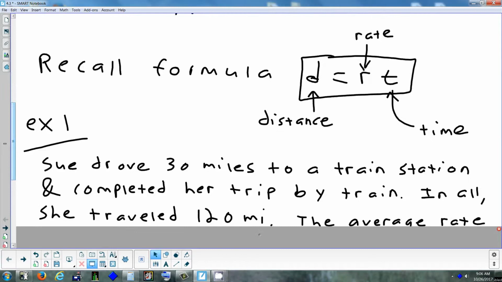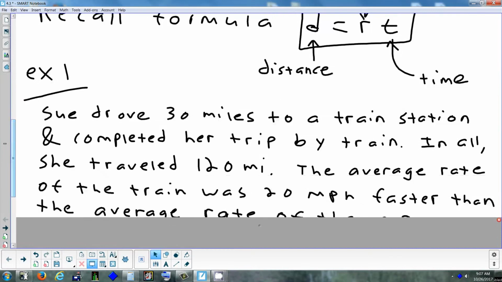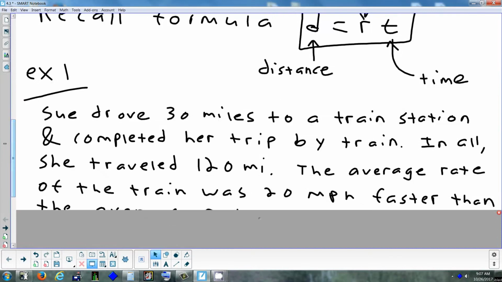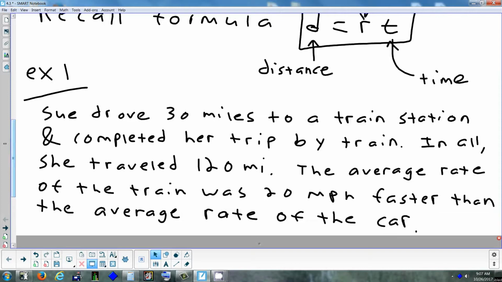All right, so our first example, we're going to use this for a couple examples, but the setup is that Sue drove 30 miles to a train station and then completed the rest of her trip by train. In all, she traveled 120 miles. And it says the average rate of the train was 20 miles per hour faster than the average rate of her car. We don't know the average rate of each.